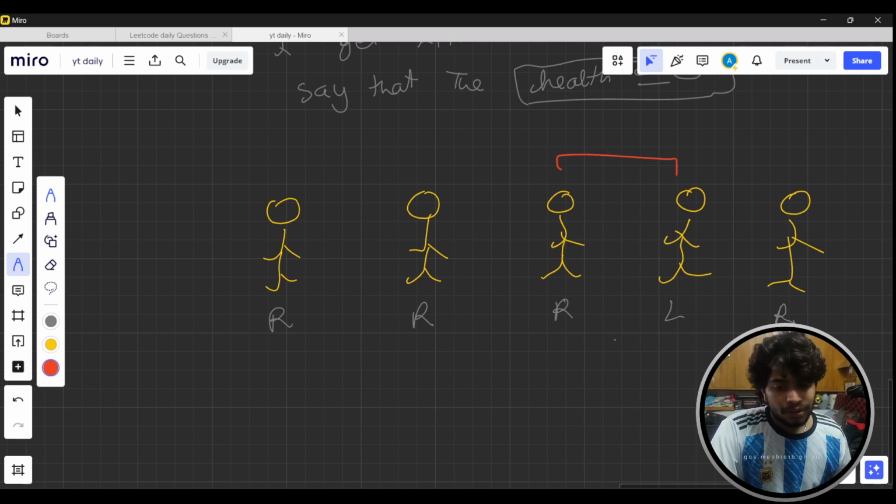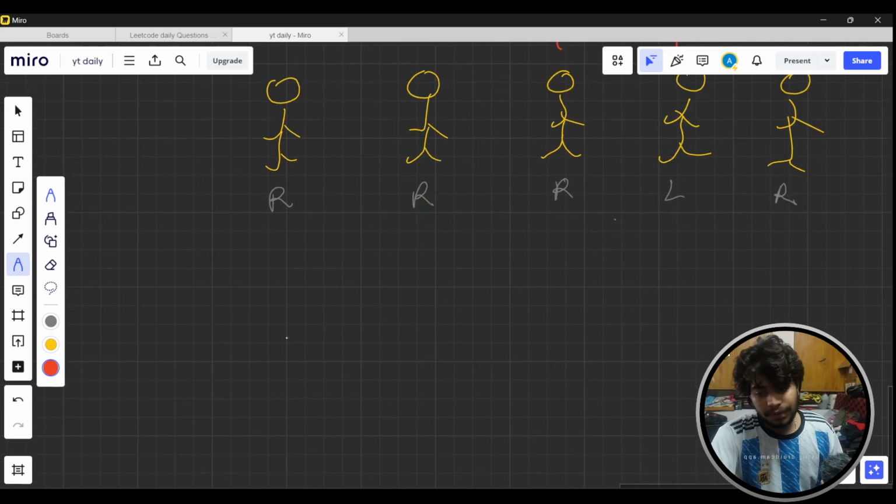So what I can do is, there will be no collision in this robot. It is moving right. It is moving right.